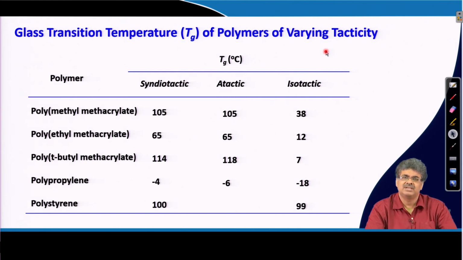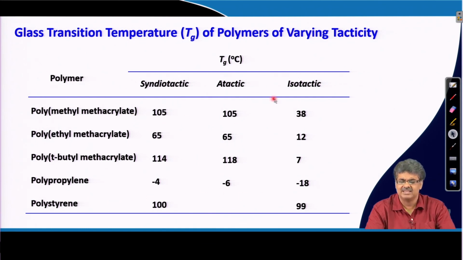Basically, if we have a more ordered structure, then packing becomes easier, and as a result the Tg value should be lower compared to a situation where there is no particular order of tacticity. For example, isotactic PMA has a much lower Tg value compared to syndiotactic.